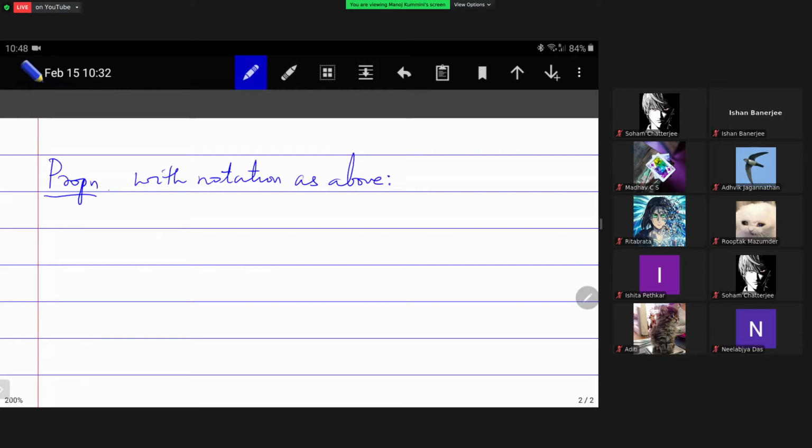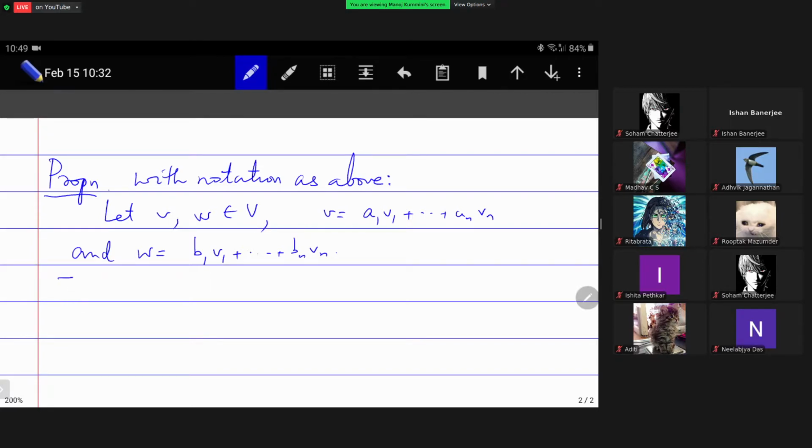Let v and w be in V, with v equals a1 v1 through an vn. In other words, with respect to this basis, this vector v is given by the column vector a1 through an, and w equals b1 v1 through bn vn. So v and w are given by this.